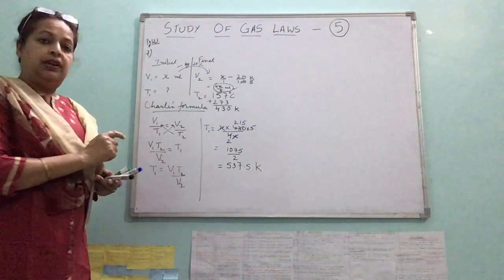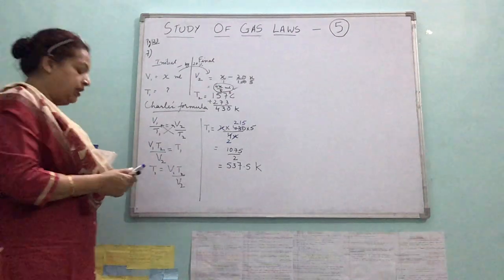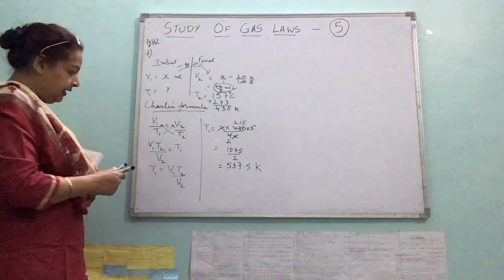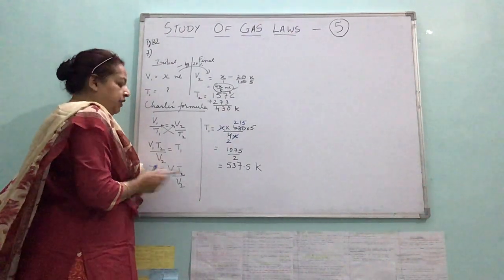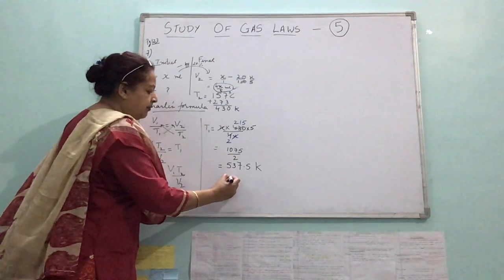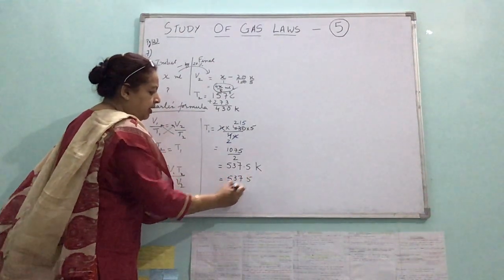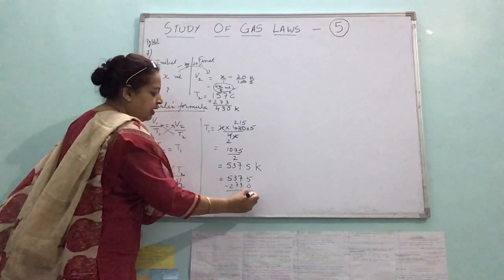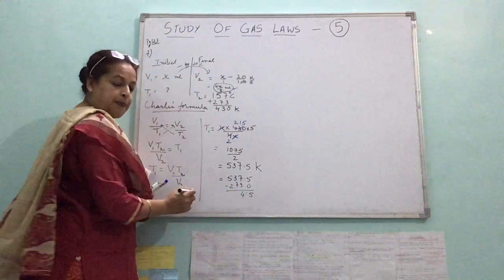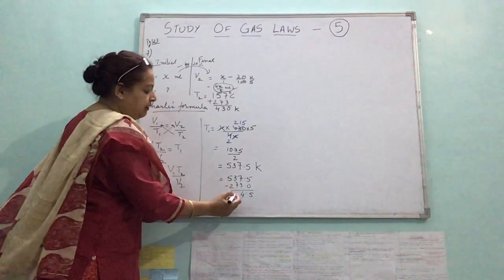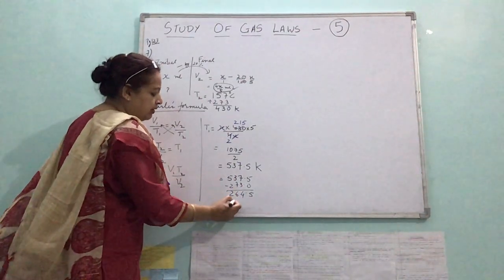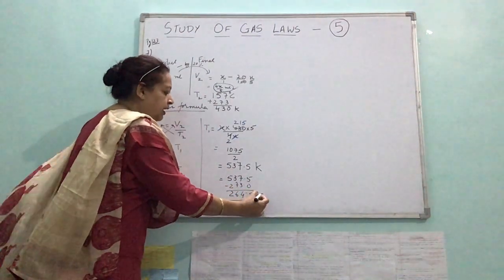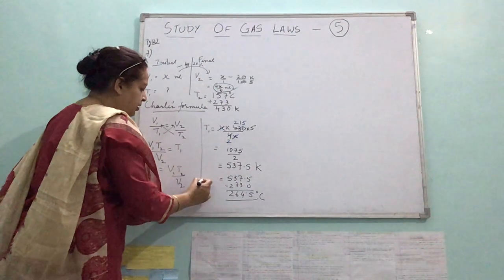For calculations we go to Kelvin, but when we express our answer we should always, as a rule, convert it to centigrade scale. So to convert to centigrade scale, we know we have to subtract 273. 537.5 minus 273. 5 minus 3, 2. 7 minus 7, 0. 3 minus 2, 1. So it is 264.5 degrees centigrade, the initial temperature.